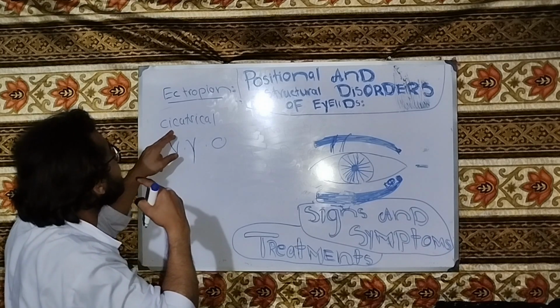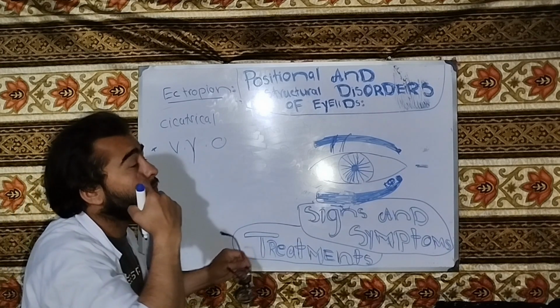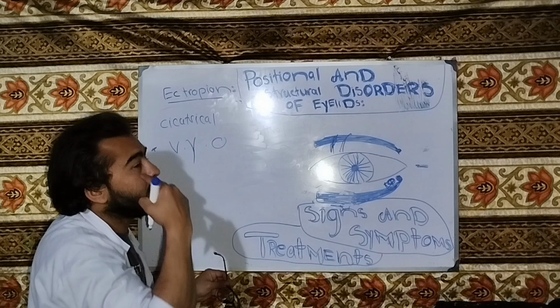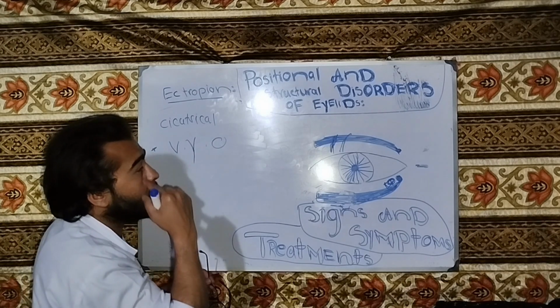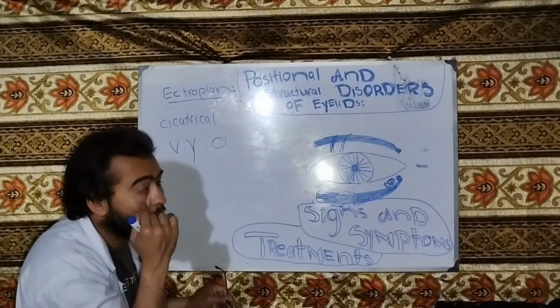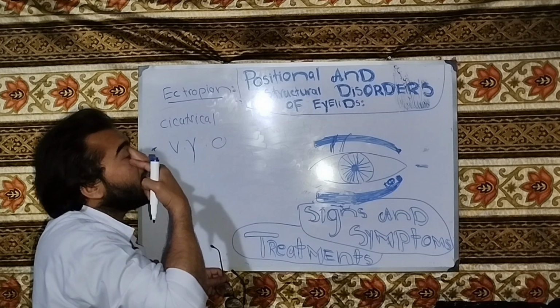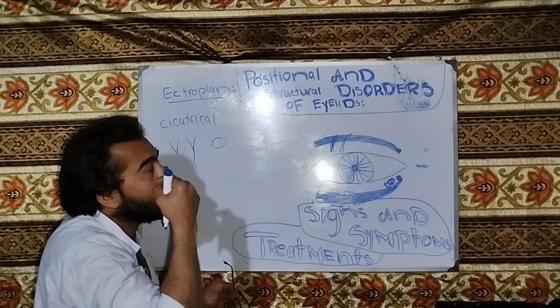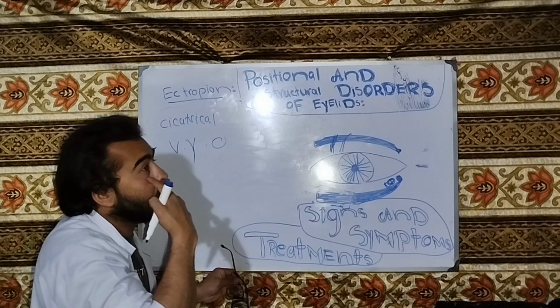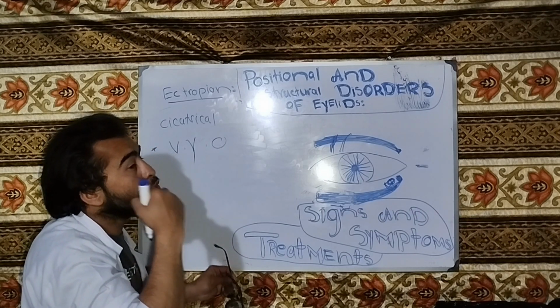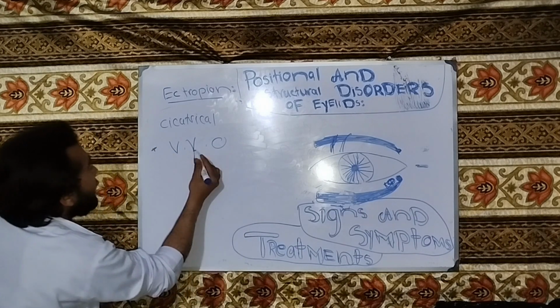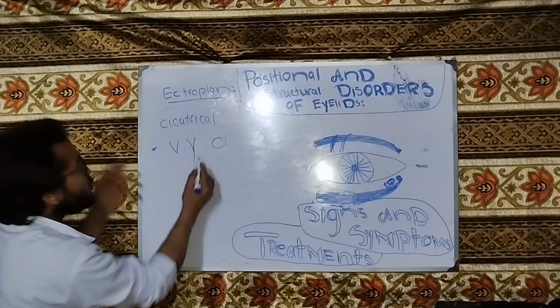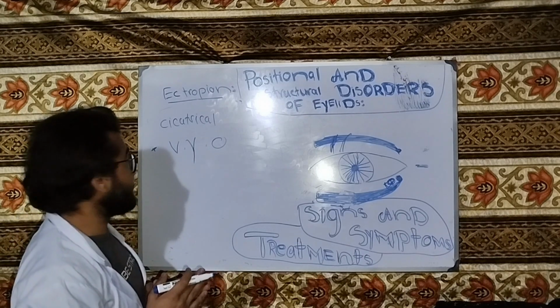As this is cicatricial ectropion, as we have discussed, when there is any problem with the skin, there will be scar formation and it will pull the skin outward. So a V-shaped incision will be given and undermined, the scar will be removed, and then we will suture the skin in a Y pattern. This is called the VY operation.